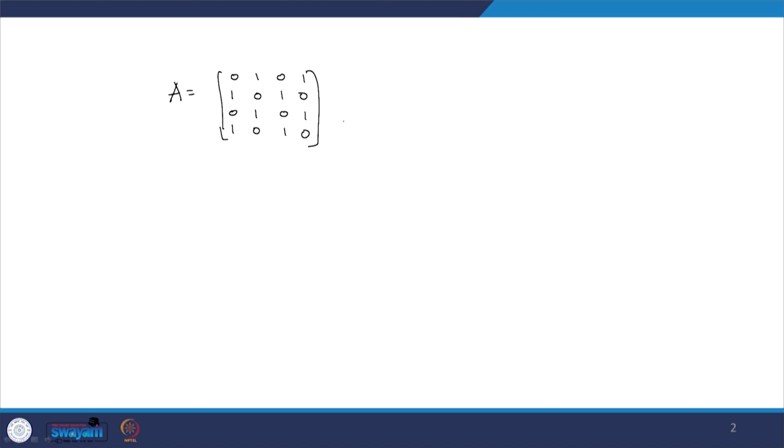We have seen that the characteristic polynomial is basically f(x) = x squared into (x squared minus 4), and we also obtained that A into (A squared minus 4I) equal to 0.